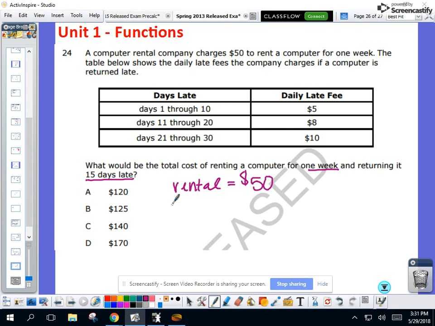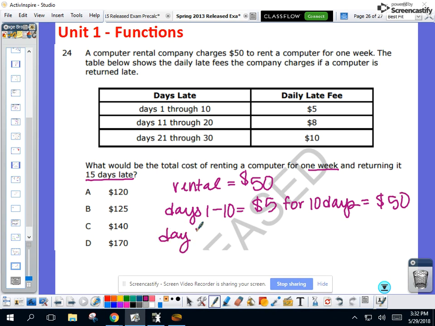So from the first day through the 10th day, we're only being charged a $5 fee for 10 days. So that's $50 for the first 10 days it's late. Then that rate bumps up a little bit because these people need their computers back.